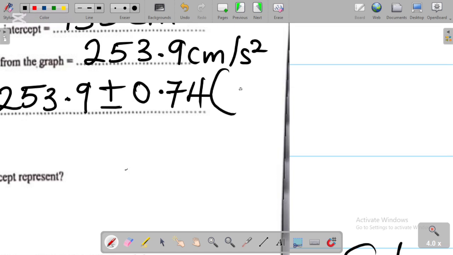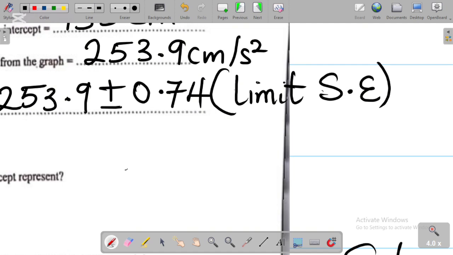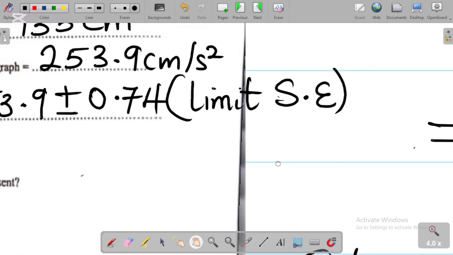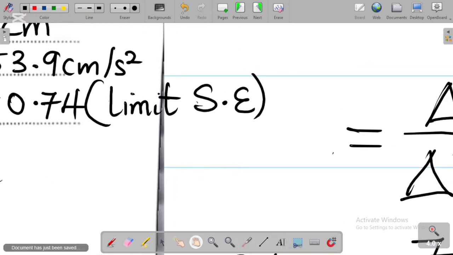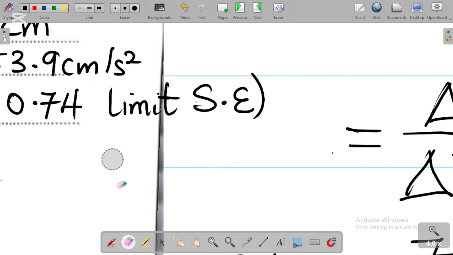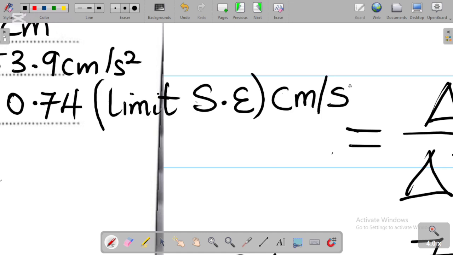And then open up a bracket, and then you write limit standard error, limit SE, and then close the bracket. So what's the unit? The unit of standard error, or unit of G? So we write here centimeter per second square. All right, at this point, let me erase this.